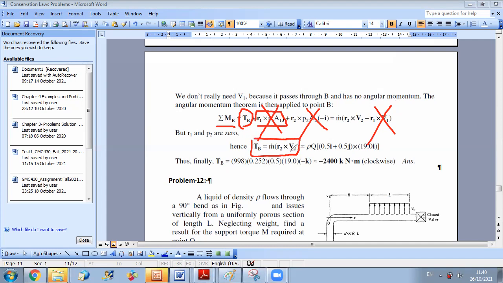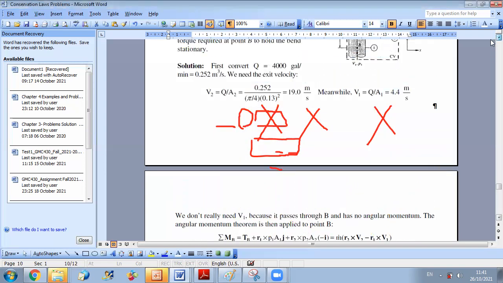Here they did it in vectorial method. You can do it in vectorial method, but you will end up with the same result we got together, which is just 0.5, the distance, times m dot V2. Why? Because if you write vector r vectorial V, if you go to the figure, what is vector r?